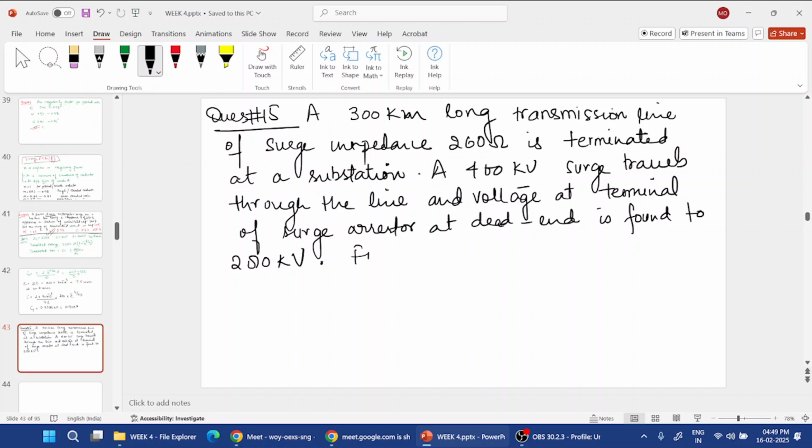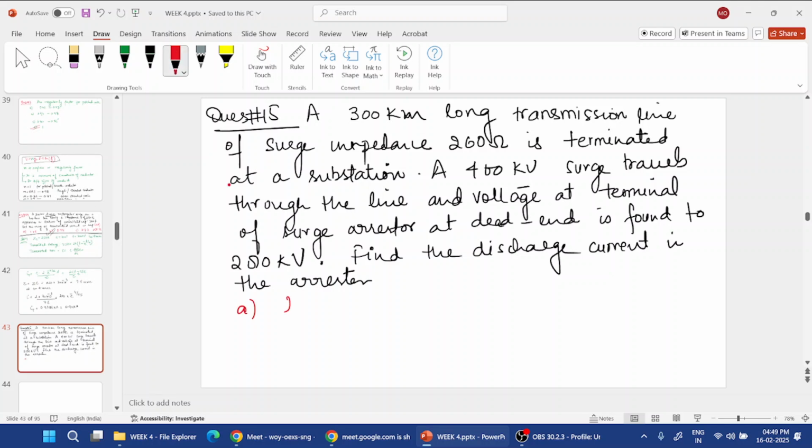Find the discharge current in the arrestor. A is 2, B is 0.5, C is 1, D is 2000. We have to calculate which of the following is the correct answer.